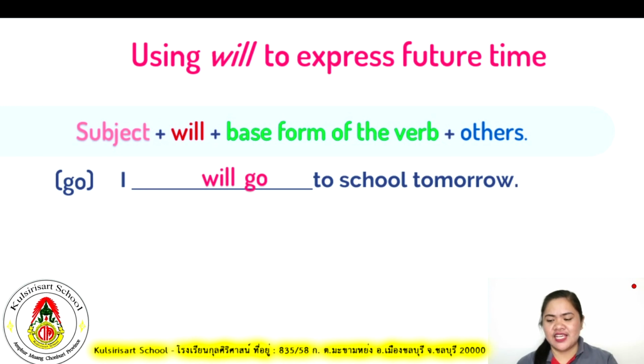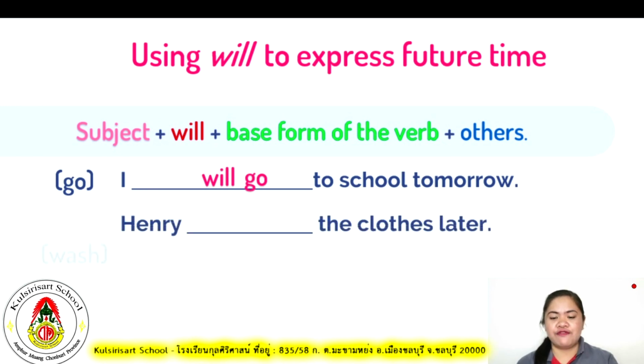Okay? So now, we have another example. Henry blank the clothes later. We have here the time word later, a clue that tells us that the action will happen later. So we have here the subject plus will.